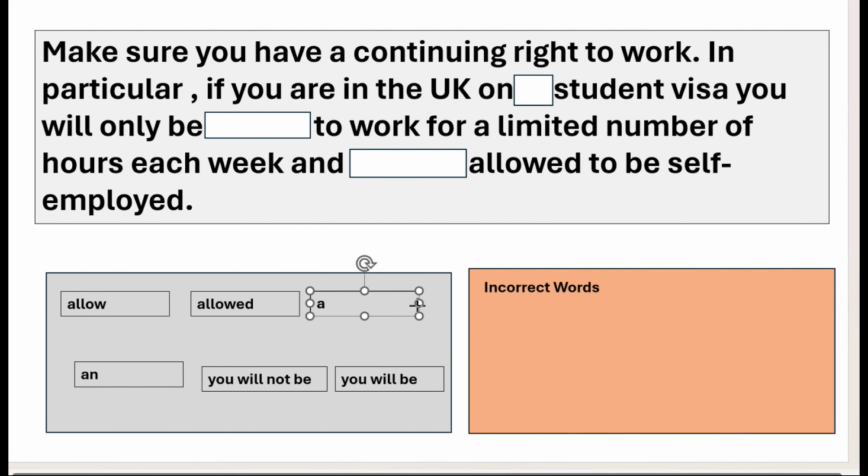So if it is a consonant, there should be A. And if it is a vowel, there should be AN. The vowels are A, E, I, O, U. So if it starts with A, E, I, O, U, then it will be AN. Okay, these are the rules for this one. We will put this there in the incorrect box.